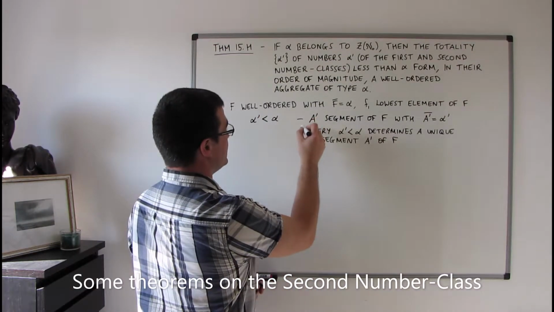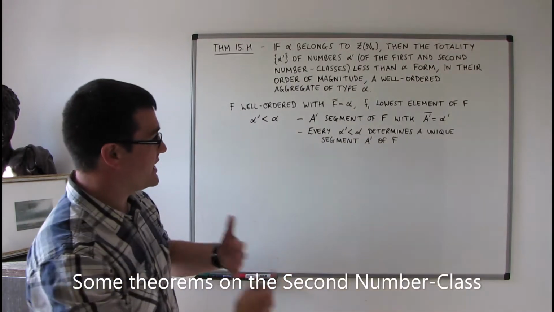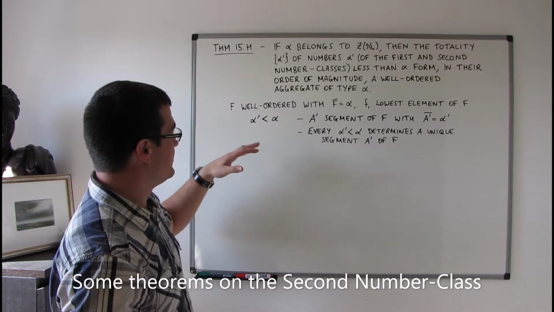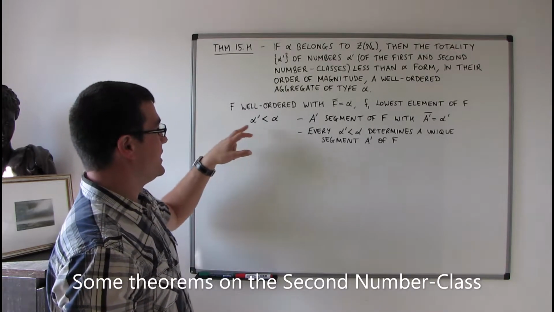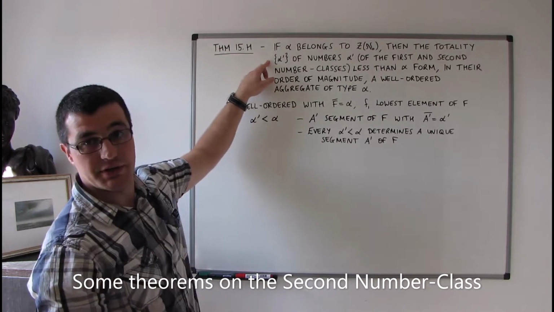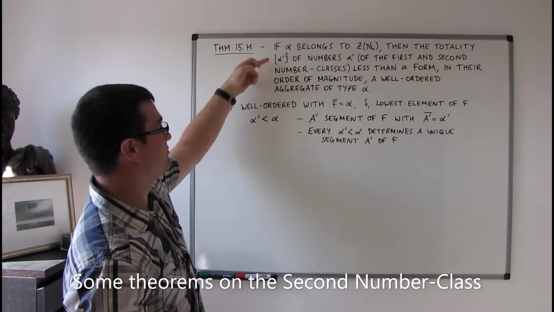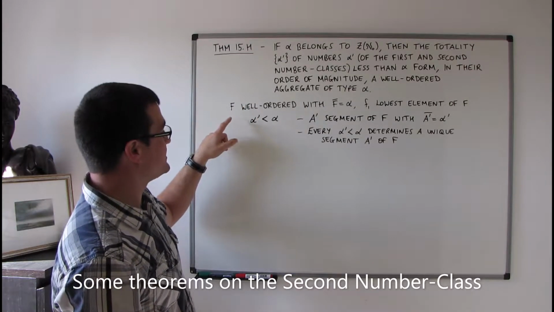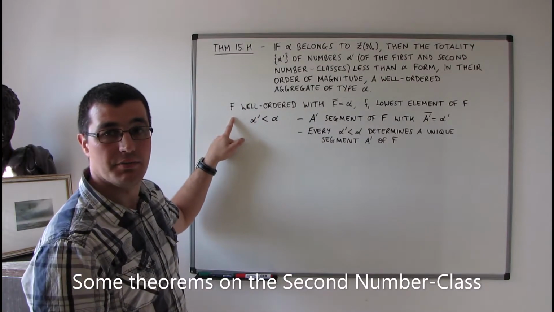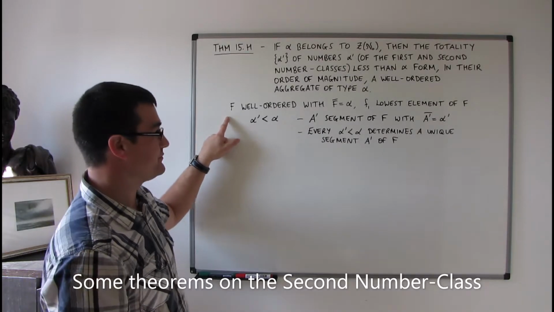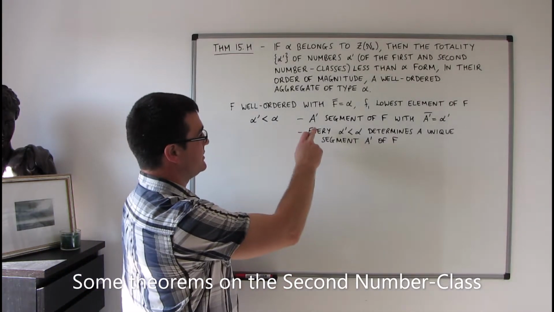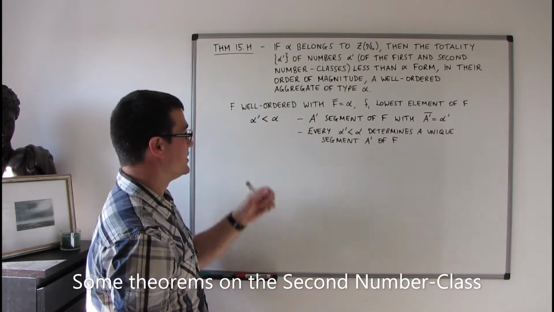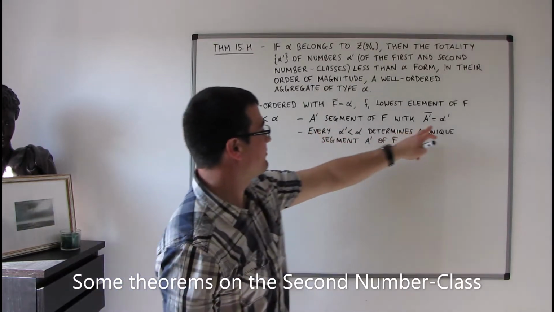Okay, so this gives a kind of one-to-one correspondence between the elements of our aggregate, this aggregate with all of these alpha primes in, and not F, but the segments of F. Because every segment of F determines a particular ordinal number.